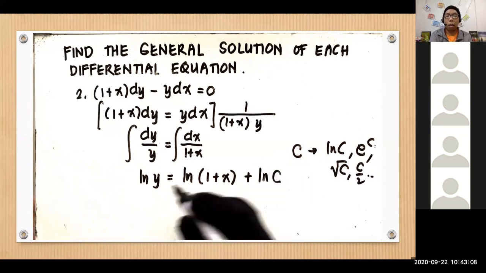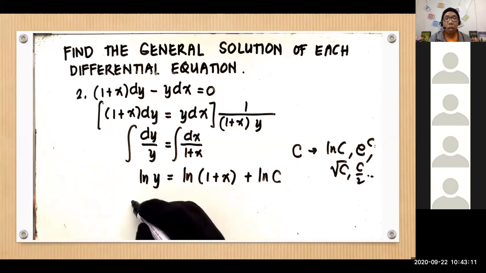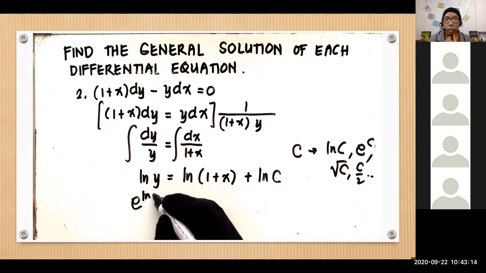Bakit ko ginawang ganyan? Kasi kapag nakaparehong ln yan, property of logarithmic functions, pwede nating i-combine. Di ba? If you remember, another recall sa property ng logarithmic functions. Pag sinabi natin na ln of the product, ln of x times y, equal yan sa ln of the first factor x plus ln of y.